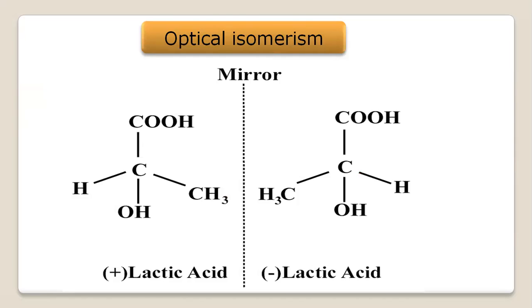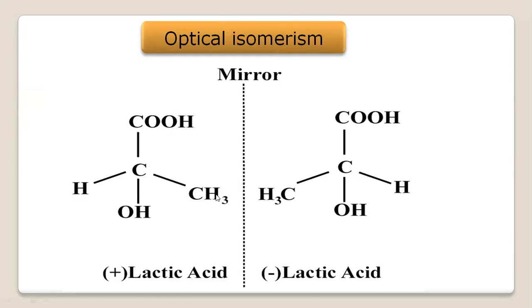An important example of optical isomerism is a carbon having four different groups: COOH, CH3, OH and H. Here it shows one more structure, where the CH3 group is present on the left side, and here on the right side.